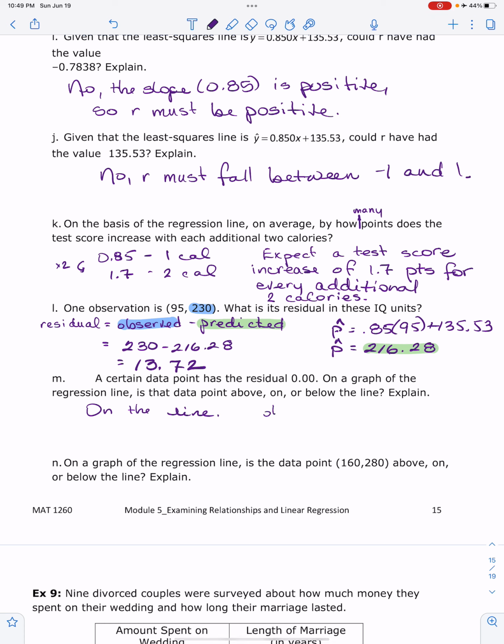So here we go. Observed minus predicted equals 0. Means our observed value equals our predicted value.